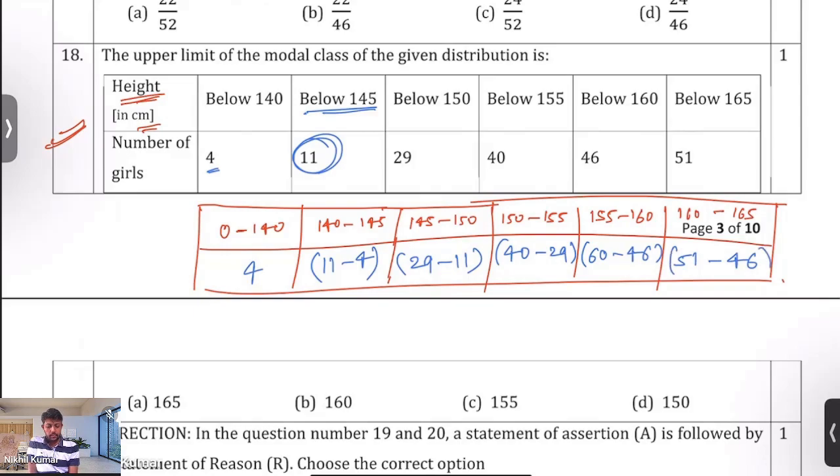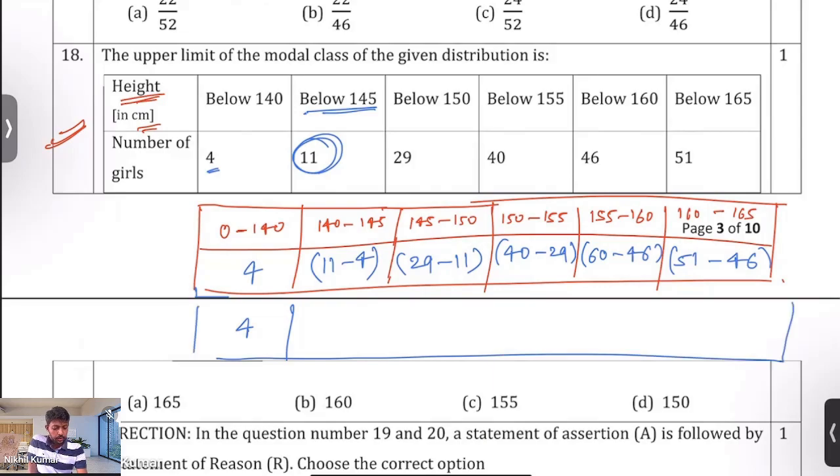Let's calculate this. So this is 4. Let me use another color.